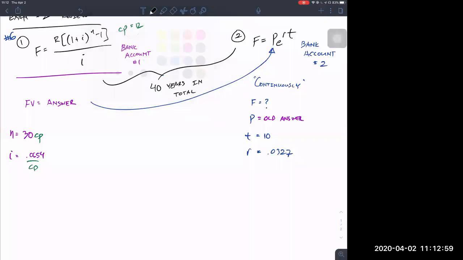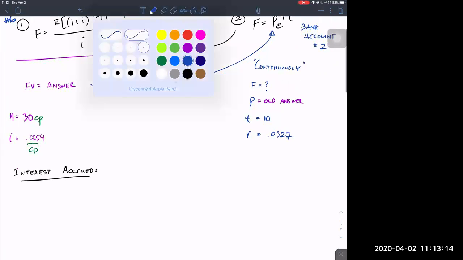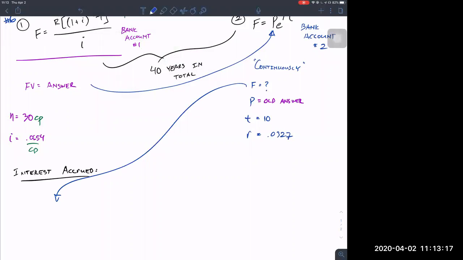Gotcha. So the interest accrued, you have two ways to do this. The easy way is just to do it like this. It's basically whatever this answer is, the final answer from the second account, or account number 2, however you want to think of it.